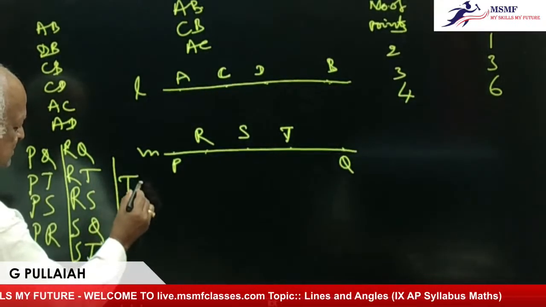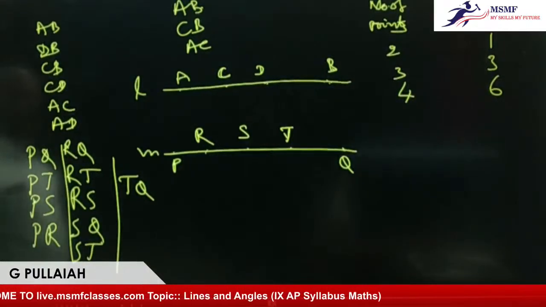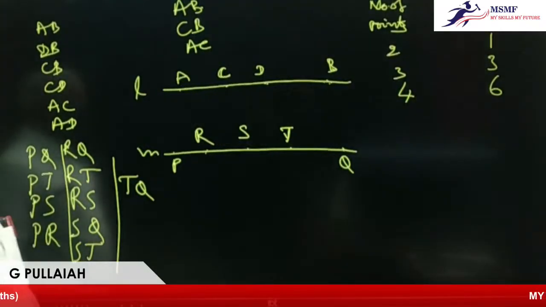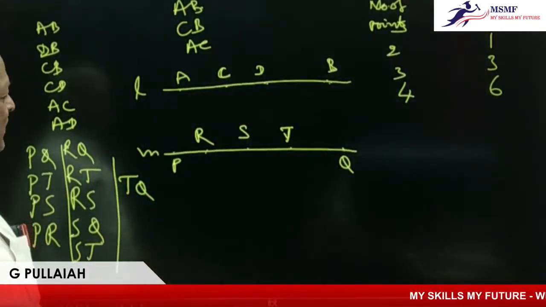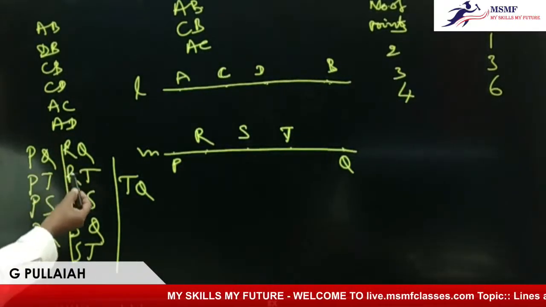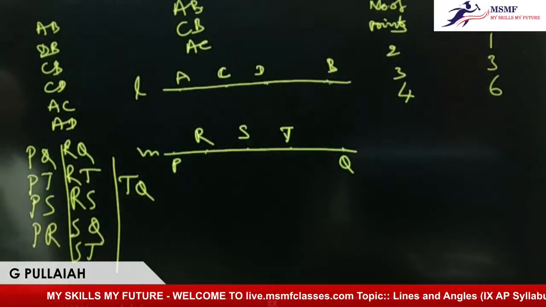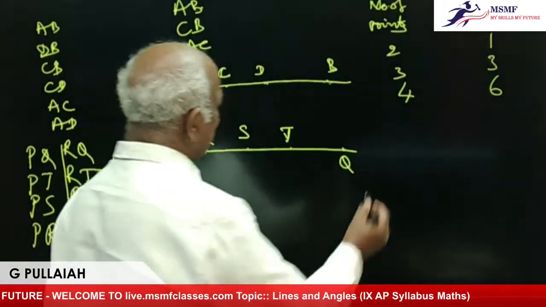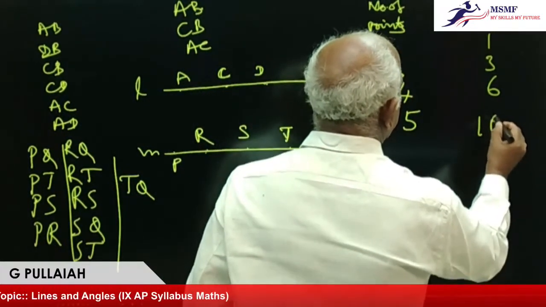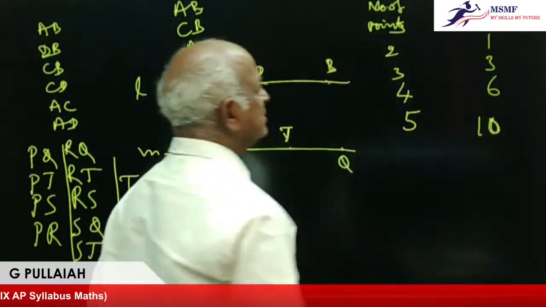So here the number of points is 5. How many line segments can we make? Observe very carefully and count them: 1, 2, 3, 4, 5, 6, 7, 8, 9, 10. We got 10 line segments. So if there are 5 points on a line, we get 10 line segments.